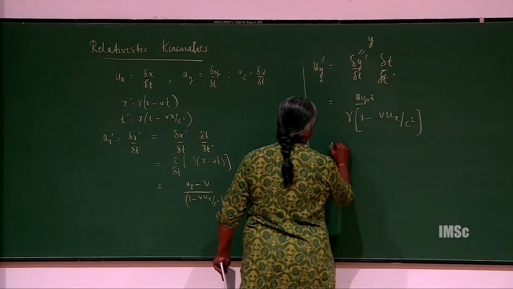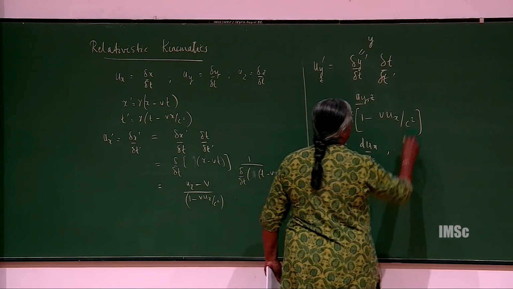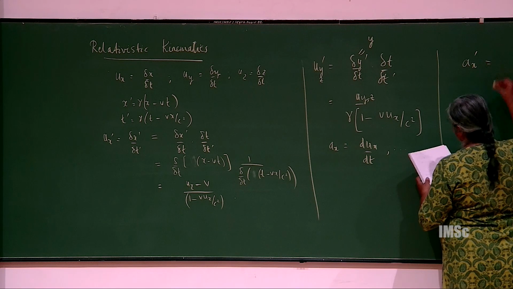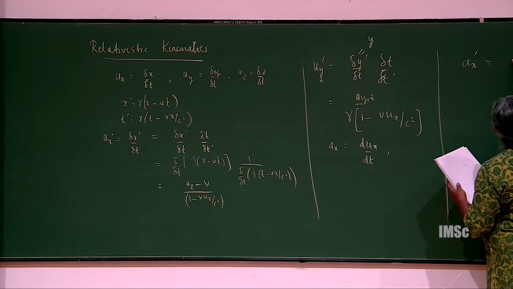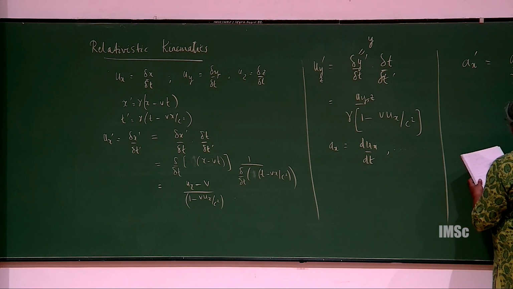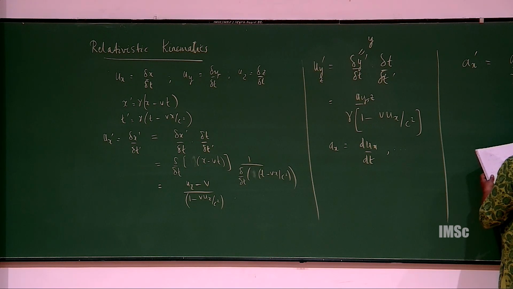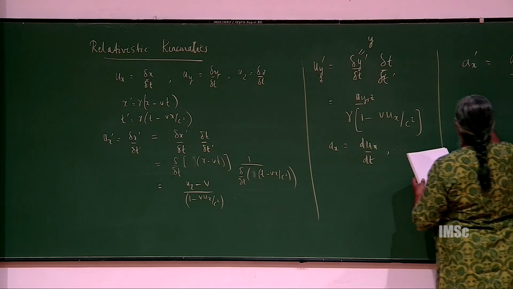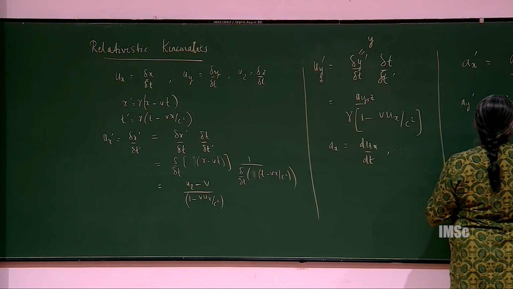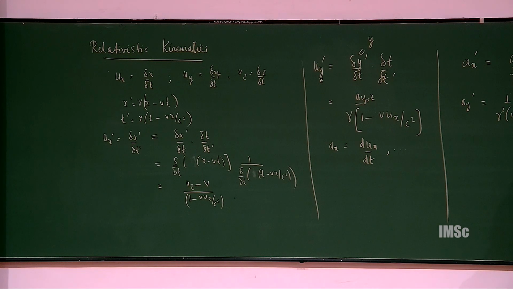So if I write Ax as dux by dt etc., then the transformation laws, I am just going to write them, somebody can copy them down and you can do them as homework. So Ax gamma cube will come, you can see how ugly it becomes.